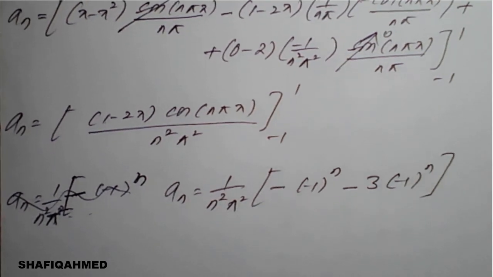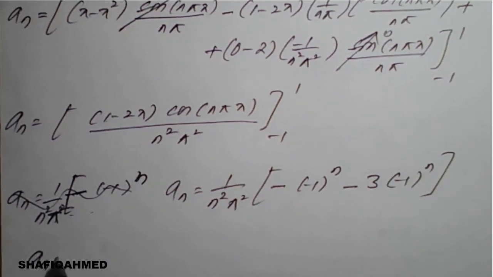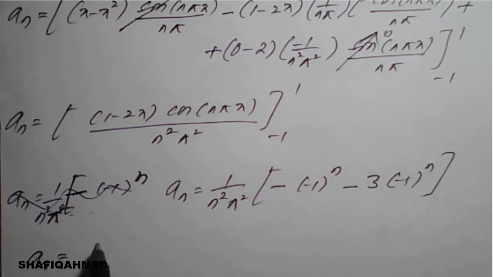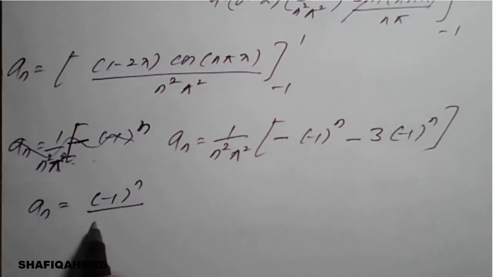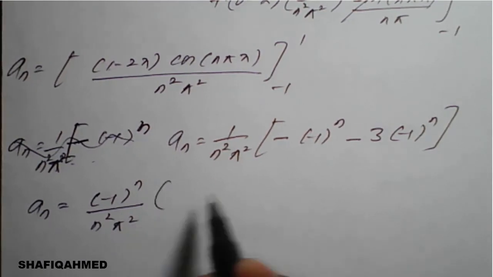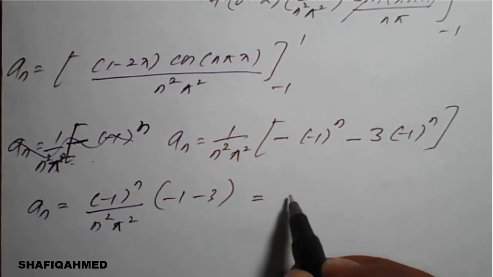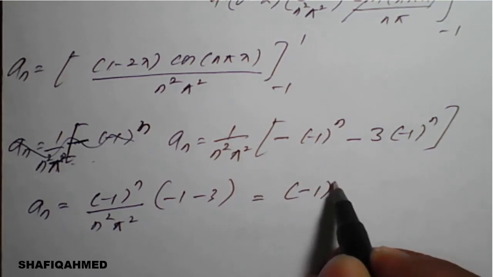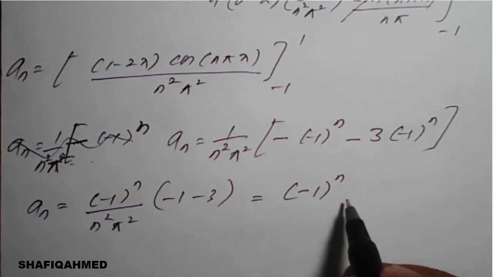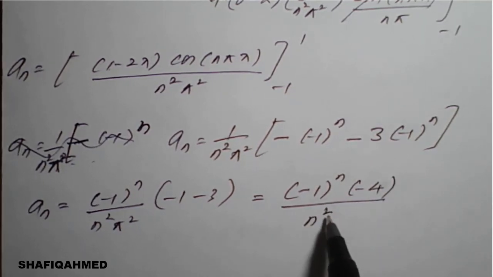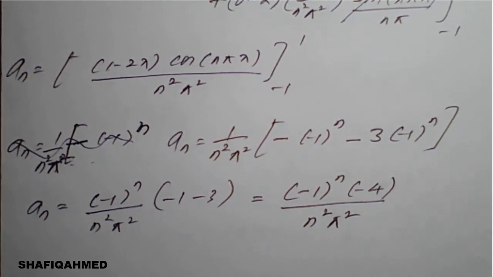So we have applied upper and lower limit. Therefore a_n is equal to, if you take minus 1 raised to n common, divided by n square pi square as it is. What is left inside here, minus 1 minus 3, or I can say minus 1 raised to n, minus 1 minus 3 is nothing but minus 4, divided by n square pi square.